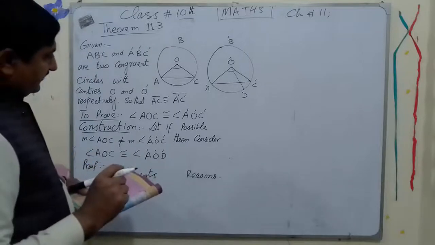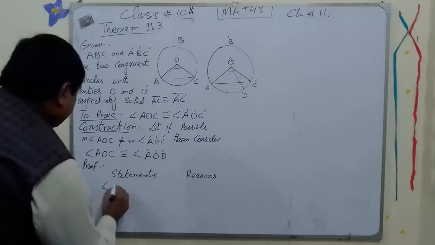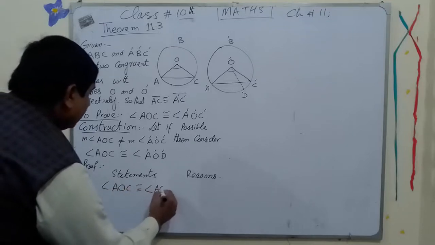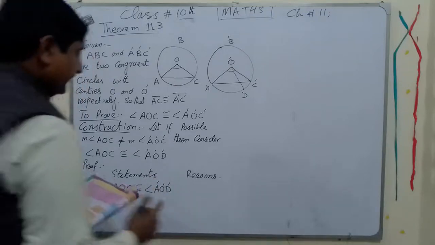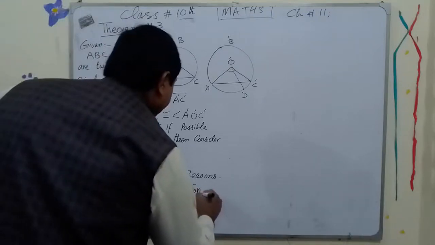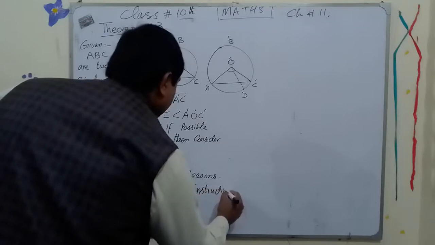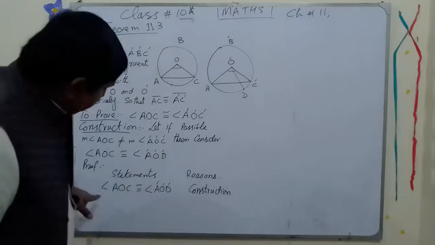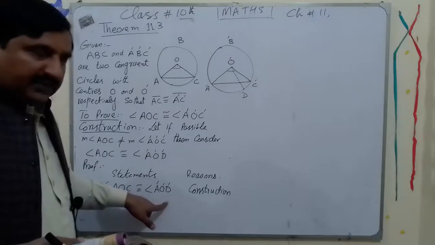In the construction we say that angle AOC is congruent to angle A prime O prime D prime. That is our construction.